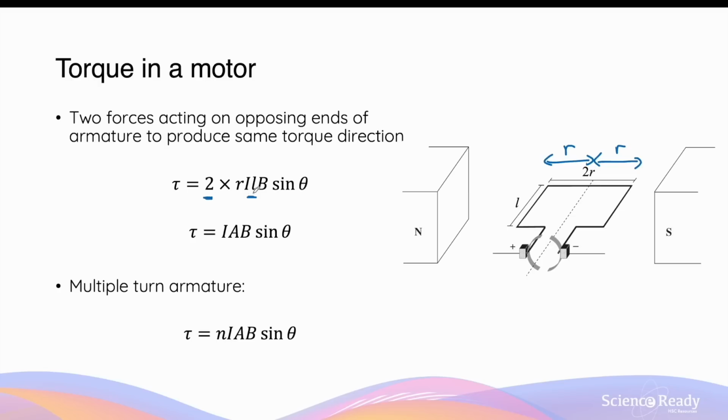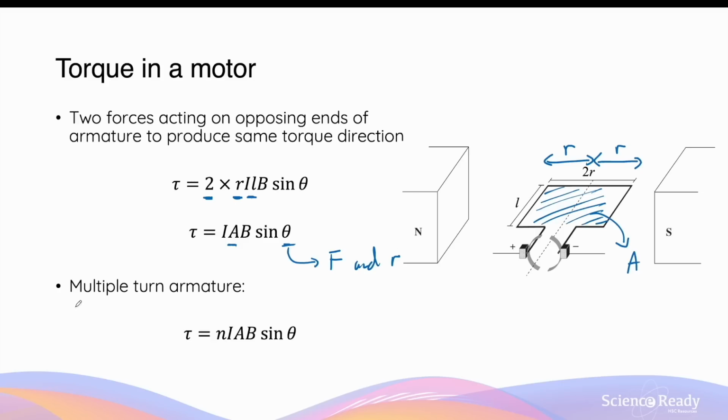So 2 times r, which is the width of the armature or the coil, times L is really just the area of the entire armature that lies within the magnetic field. So this is area A. So I can substitute 2RL by simply A. This simplifies my torque equation to be IAB times sine theta. And again, theta here, just to remind you, is the angle from the torque equation. This is between the force vector and the lever arm R.